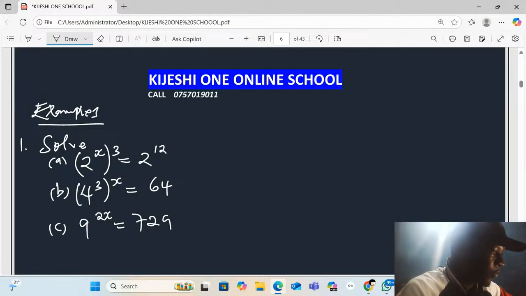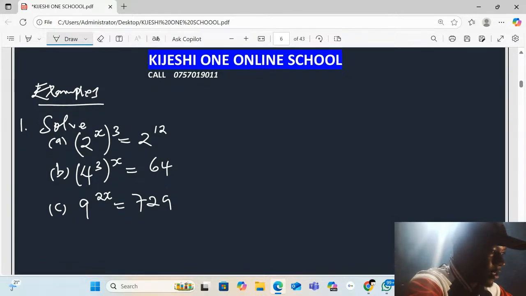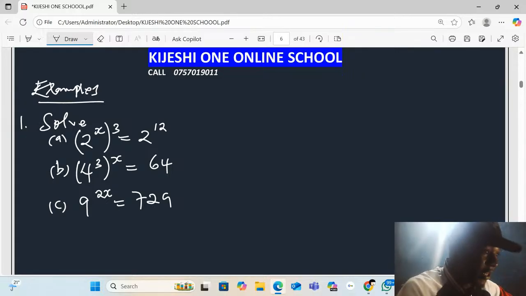So we can now look at these examples, the 3 of them. So we have 2 power x, and then you multiply by the power of 3. Then is equal to 2 power 12.